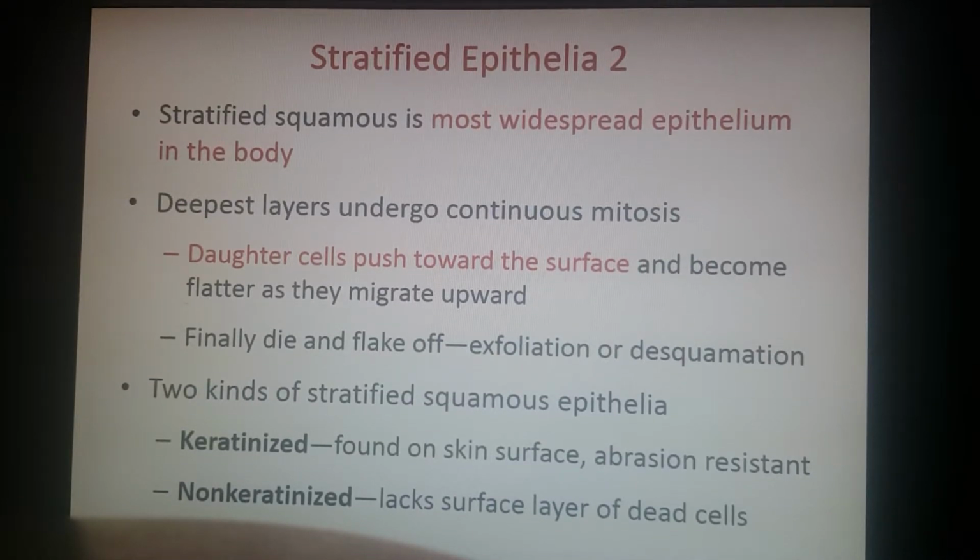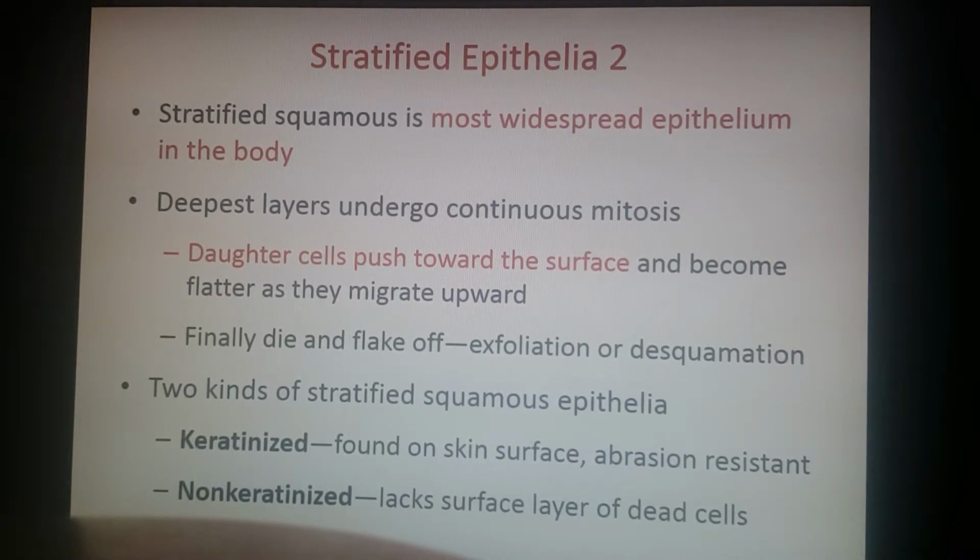So stratified epithelial is the most widespread epithelium in the body, partially because our skin tissue, the epidermis, is stratified epithelial tissue. So, of course, covering all around the body, so very widespread. For our stratified epithelial, our newest cells are created in the deeper layers of the tissue.